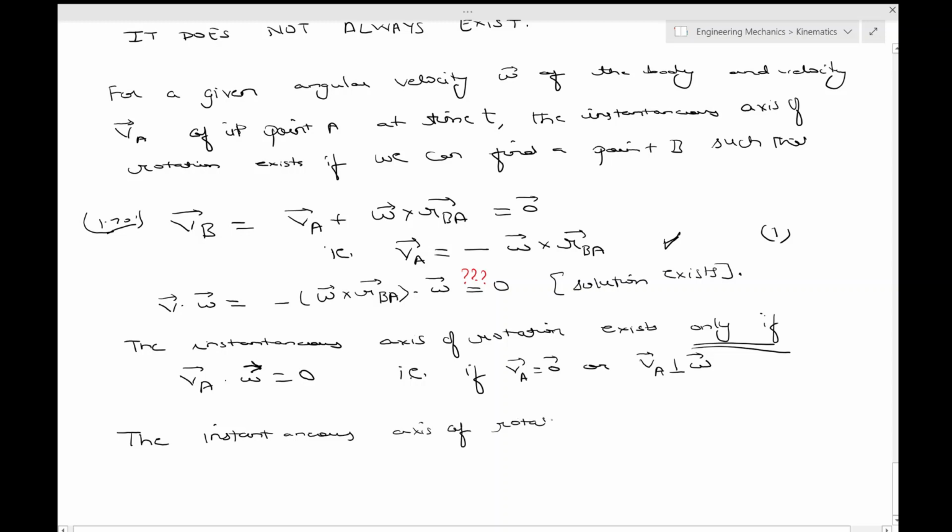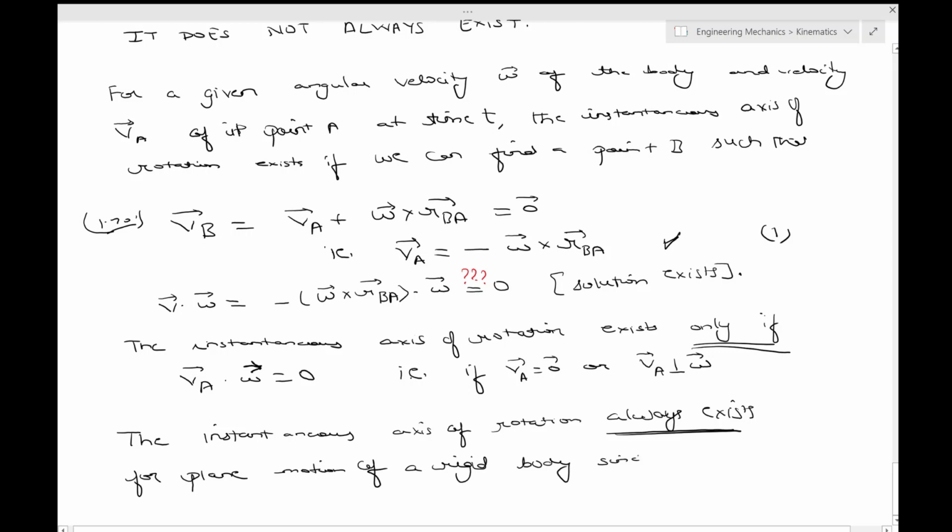Instantaneous axis of rotation always exists for plane motion of a rigid body, since velocity of A is perpendicular to omega.